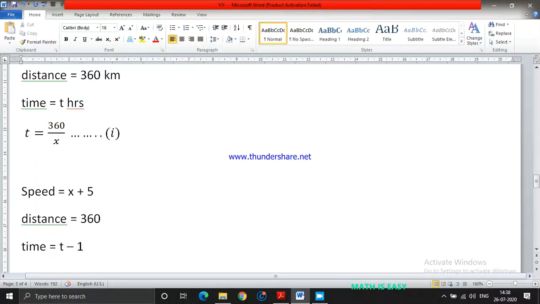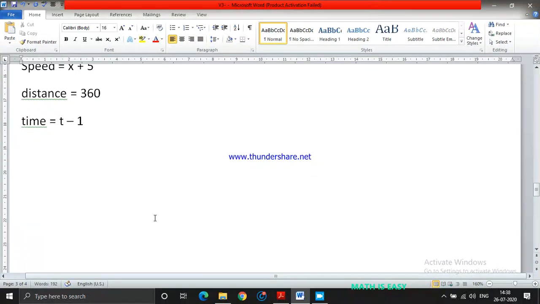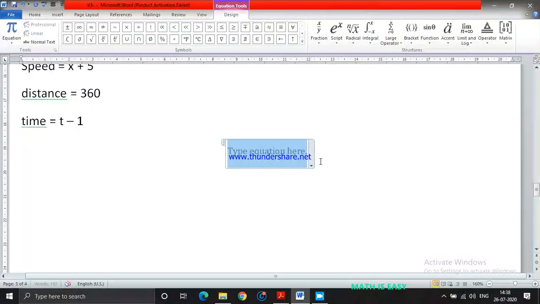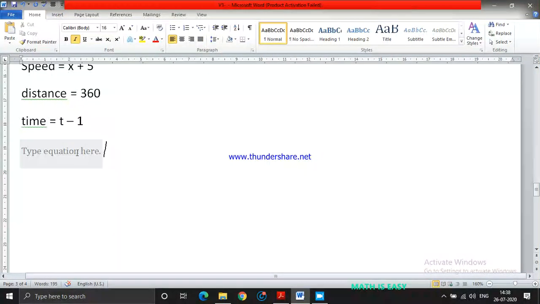Using the same formula, time equals distance upon speed: t minus 1 is equal to 360 upon x plus 5. We can call this equation number 2.